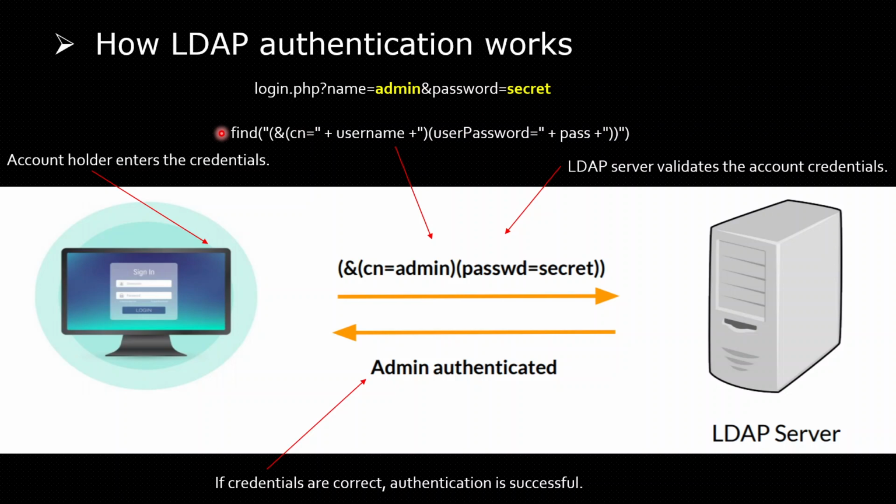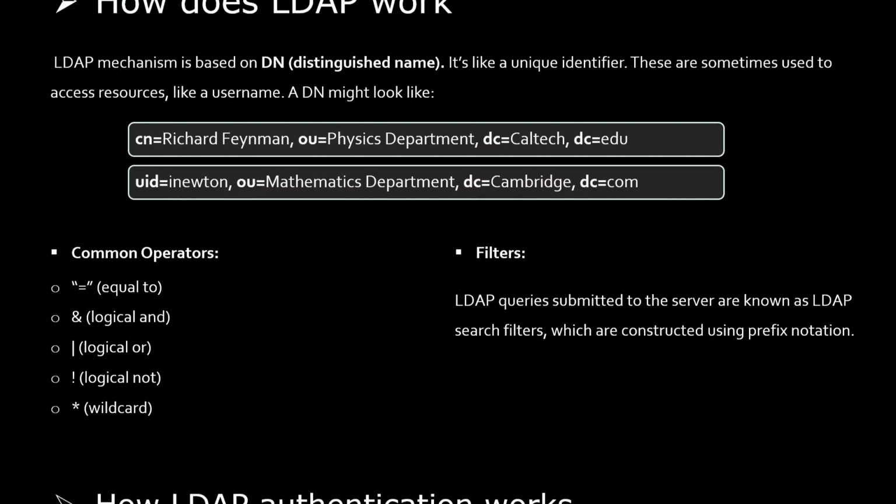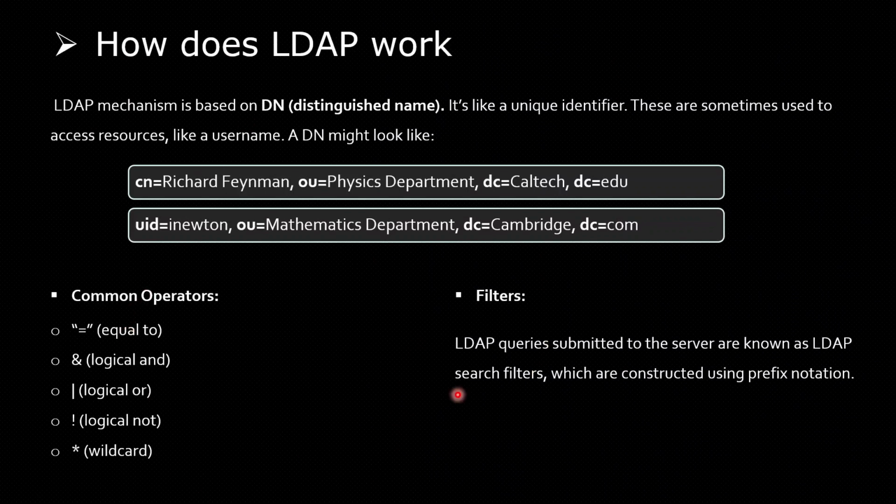To retrieve the information, LDAP uses filters. This is an example of a filter. Now this filter has multiple operators, so we'll use that. So what are LDAP filters? Filters are basically LDAP queries which are submitted to the server, and those are known as LDAP search filters.